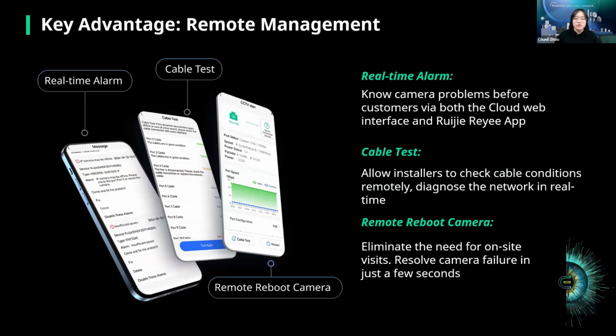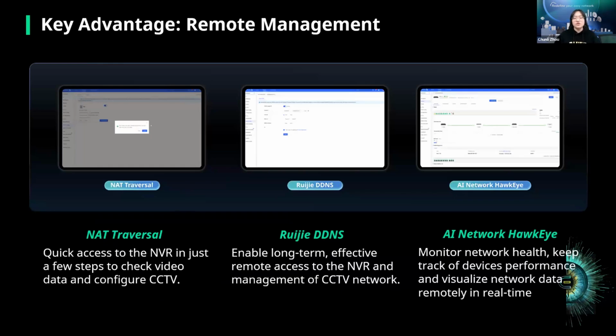And thirdly, remote camera reboot. We said before, it eliminates the need for on-site visits and resolves camera failures in just a few steps. We also have functions to access the NVR, like NAT traversal and Ruijie DNS.